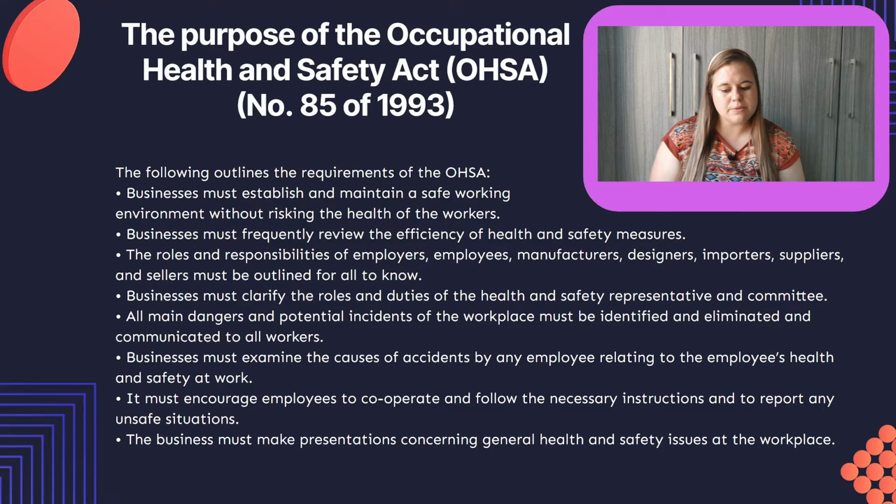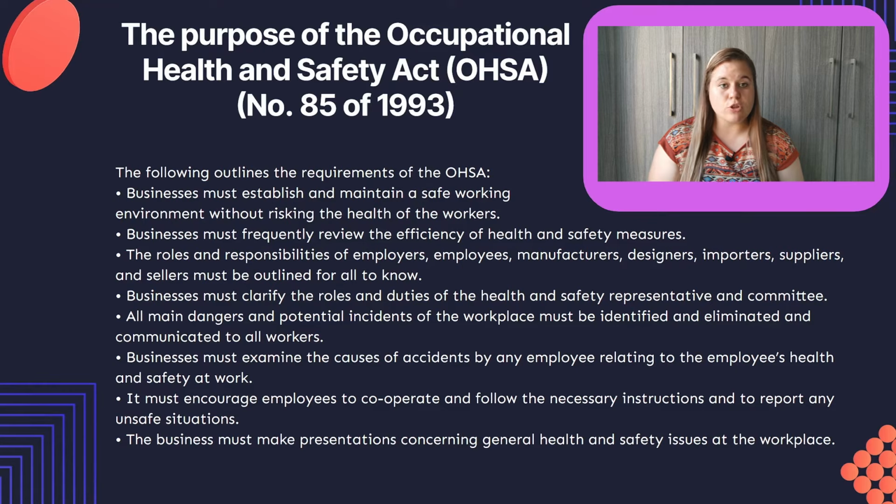The roles and responsibilities of employers, employees, manufacturers, designers, importers, suppliers, and sellers must be outlined for all to know. Businesses must clarify the roles and duties of the health and safety representatives and committee. All main dangers and potential incidents of the business must be identified and eliminated and communicated to all workers.